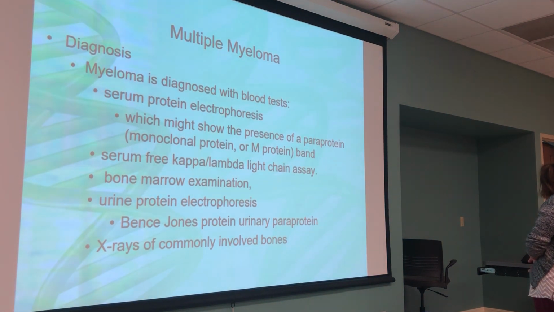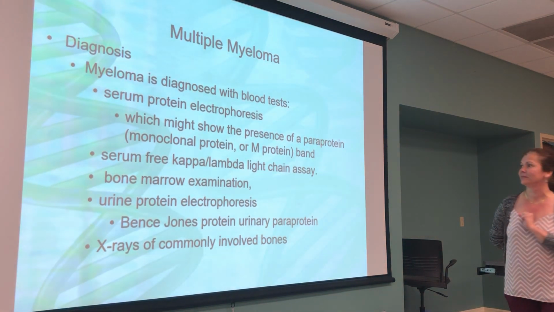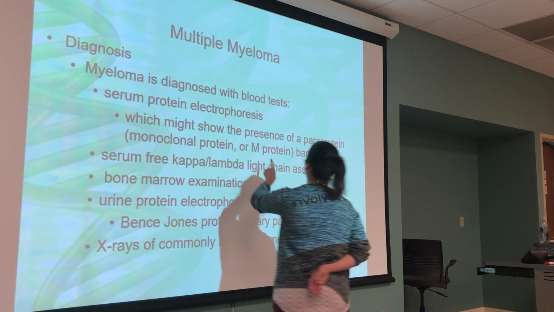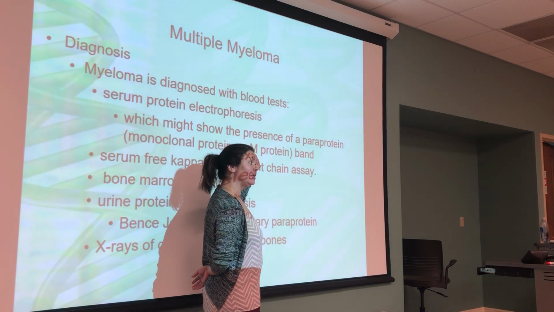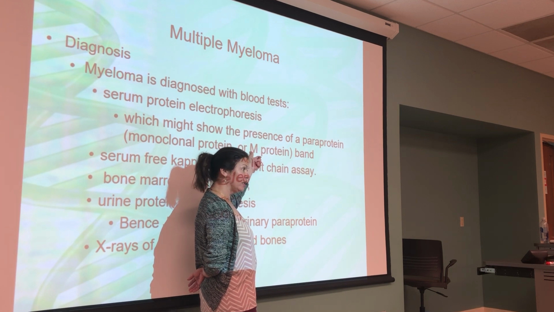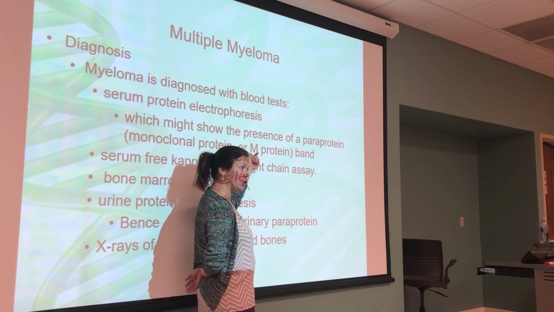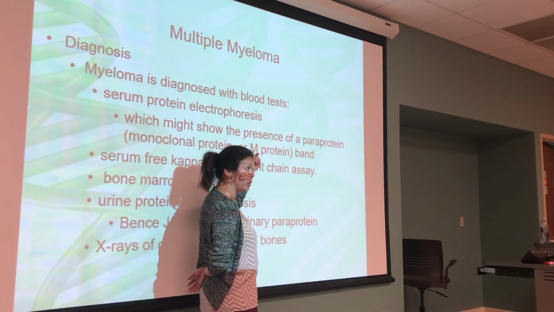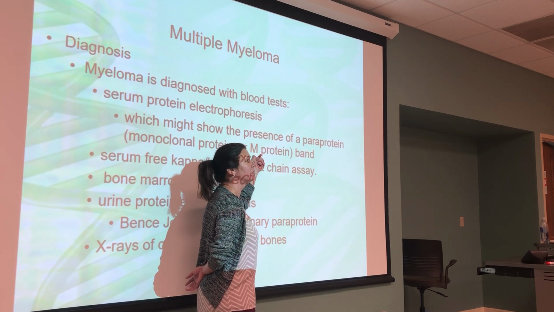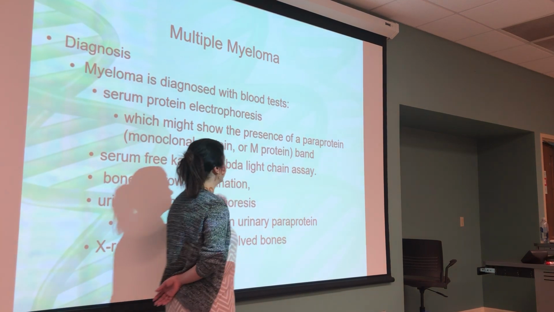So there's a paraprotein translocation that is called M protein. So if you see that in any fluid or tissue, by biopsy, by CSF, if your presentation was neurologic and they do a lumbar puncture and they see the M protein, that's pathognomonic of multiple myeloma. Okay?